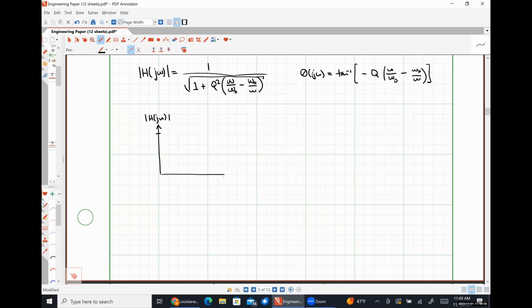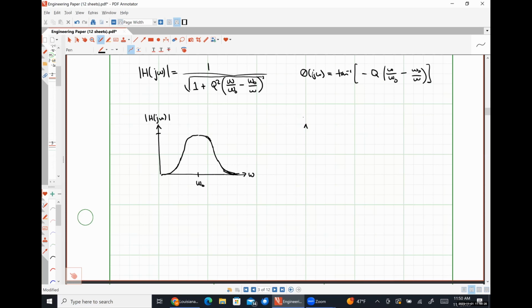We can talk about what that's going to look like in just a moment. So let's say that omega naught is here in the middle. So we should have something that looks like this. Well, that'll be okay. So bandpass filter like.